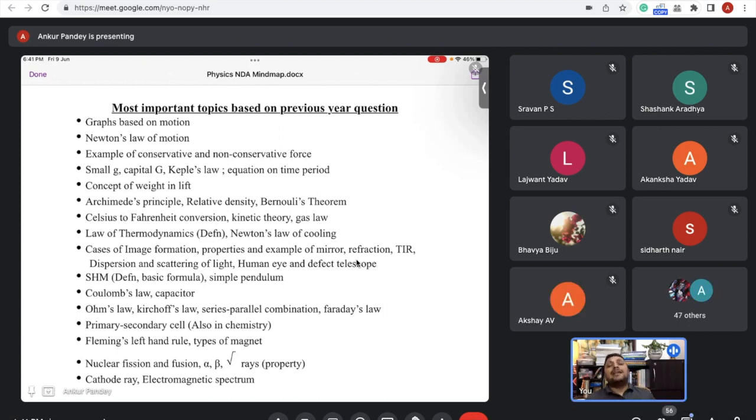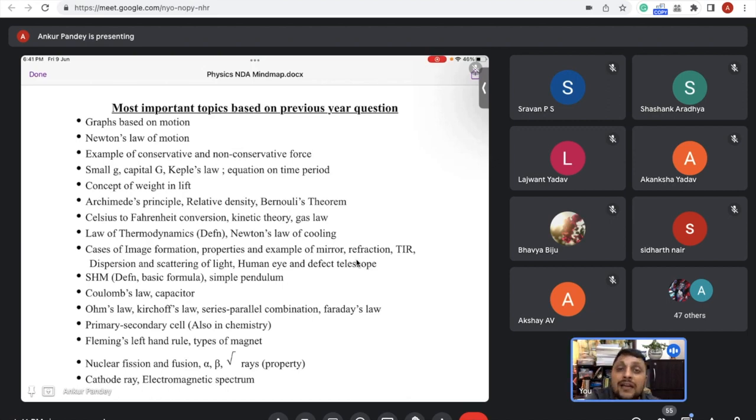Celsius and Fahrenheit conversion is general knowledge, but if you don't know, it will be there in 11th grade. Kinetic theory of gases and gas laws is a chapter in 11th grade physics. Laws of thermodynamics is a chapter in 11th grade physics. Newton's law of cooling is a chapter in 11th grade physics. Laws and cases of image formation were there in 10th grade. Properties and examples of mirrors were there in 10th grade. Refraction was there in 10th grade.